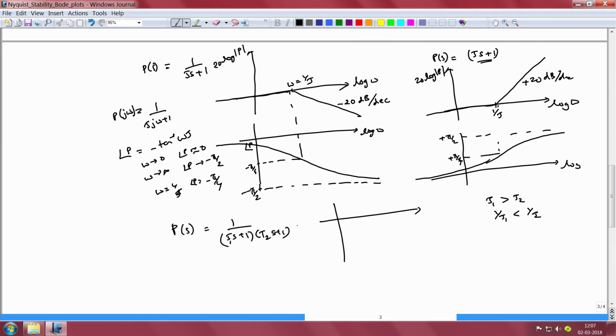then we would have 1 by tau 1 s plus 1 times 1 by tau 2 s plus 1 to have a magnitude characteristic whose slope is close to 0 dB all the way up to 1 by tau 1, and the asymptotic Bode plot will start to reduce in magnitude at a rate given by minus 20 dB per decade between 1 by tau 1 and 1 by tau 2, and at 1 by tau 2 there is a further reduction brought about by the pole at 1 by tau 2, and therefore the slope will be higher.